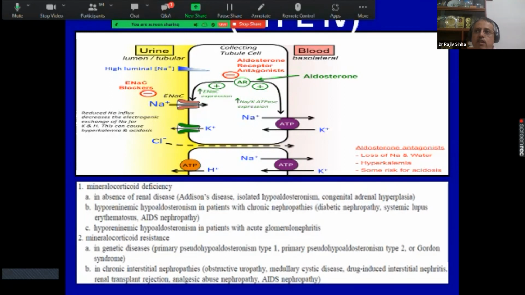All of these have a trans-receptor deficit, and there also the same thing happens, that despite the presence of aldosterone, it fails to work, and it is unable to bring in the sodium and push out the potassium, and that results in the characteristic hallmark of low sodium and hypotension.